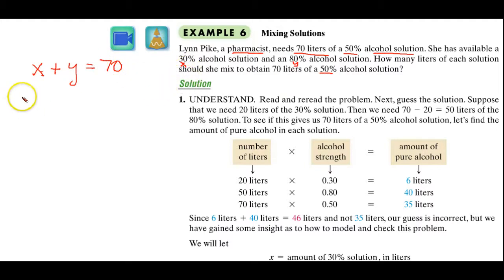So 30% of X plus 80% of y equals 50% of our total amount, which is 70.